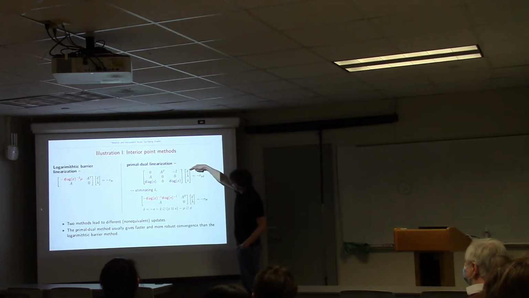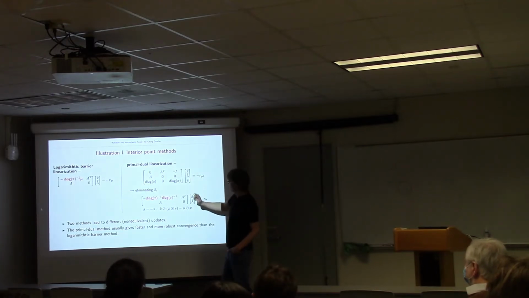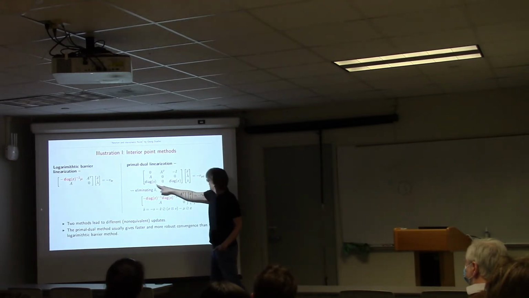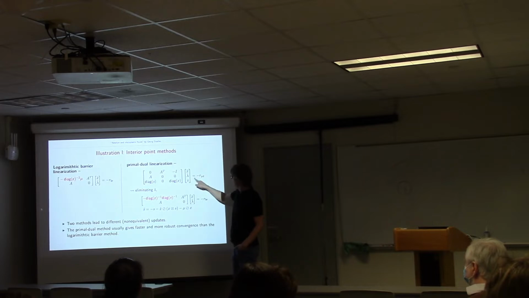But then we don't want to solve a system in more unknowns. It's more expensive in general. So we eliminate, with paper and pencil, the new unknown we introduced, the S tilde, by just using a Schur complement, linear algebra. Because you have an equation here that says diagonal of S times x tilde plus diagonal of x times S tilde is equal to something.